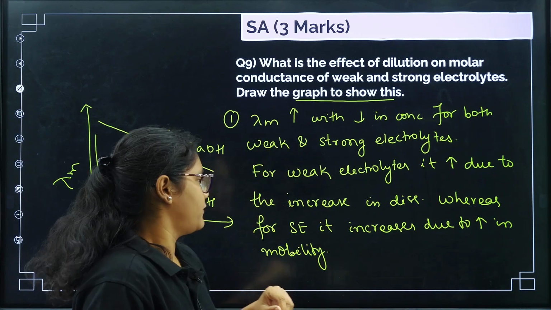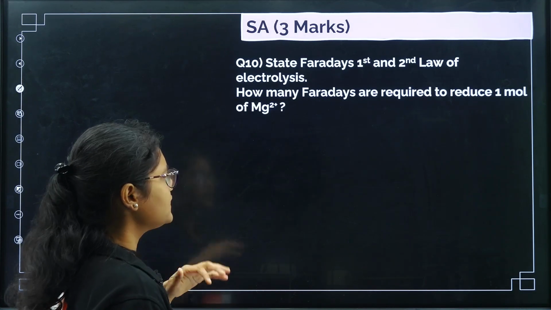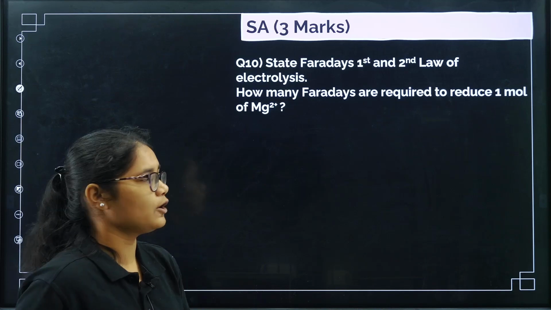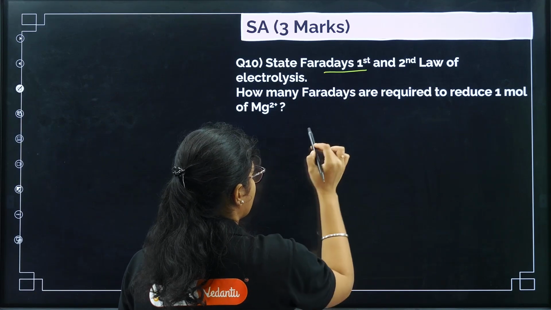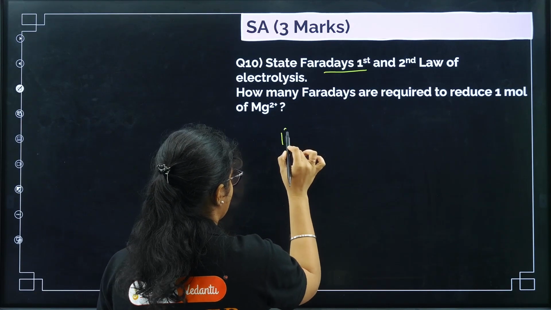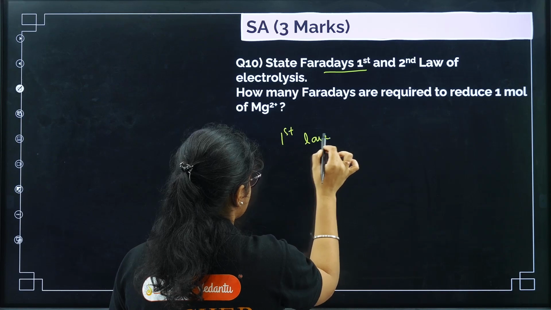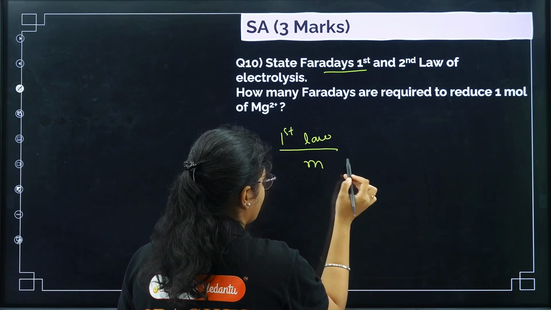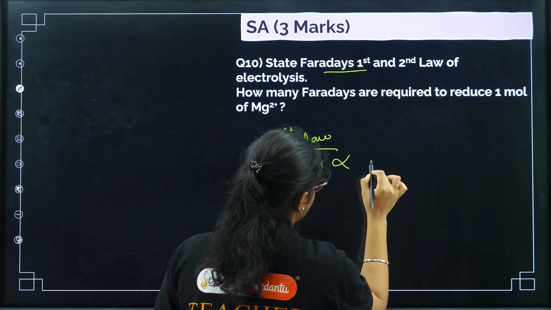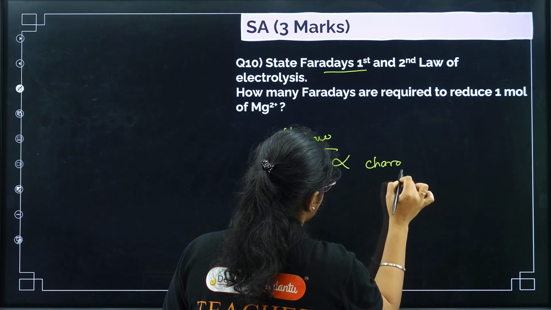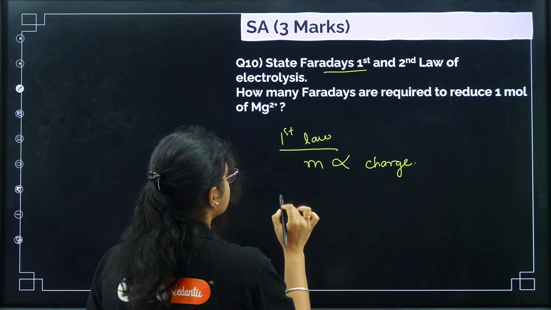Okay, fine. Next question, state Faraday's first law and second law. For Faraday's first law, you have to write the correct statement. I am just telling you the law. The first law says that the mass deposited or the chemical reaction is directly proportional to the amount of charge. Right, this is Faraday's first law.